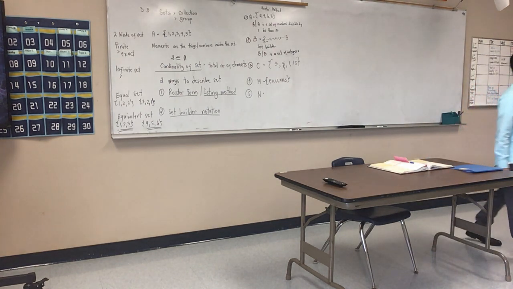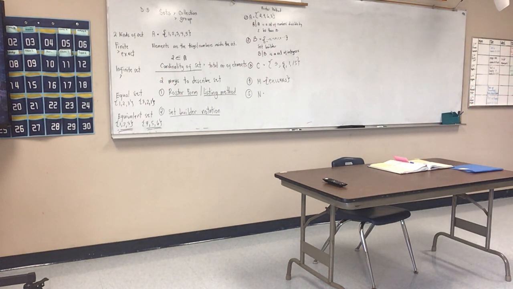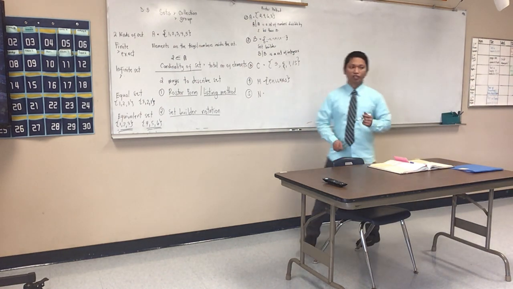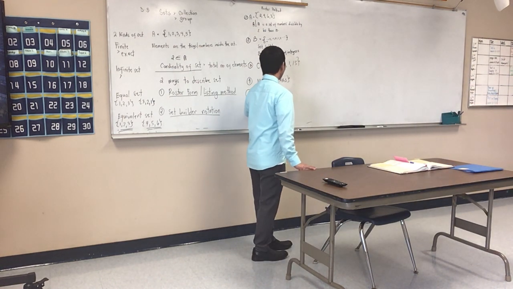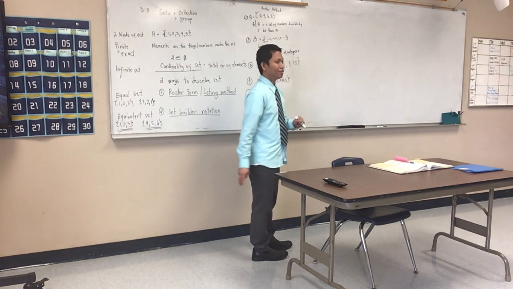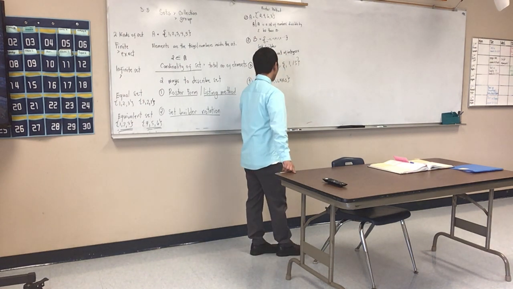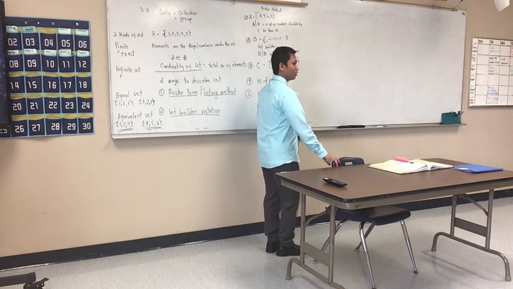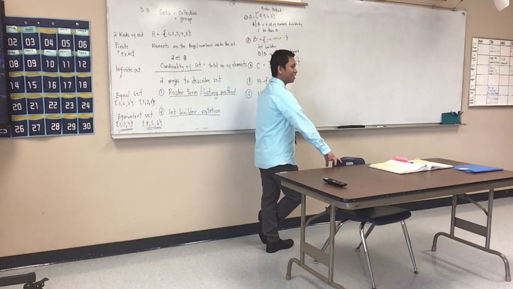Okay, how about set N, which consists of, for example, months in the year that start with J. What are the elements? January. We have January. What's the other month that starts with the letter J? June.